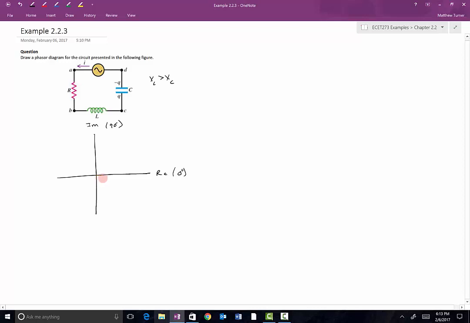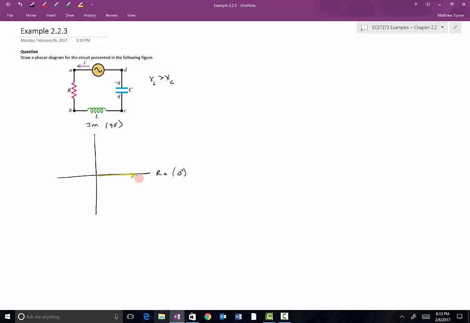Since it's the reference, I'm just going to draw it pointing in the positive real axis. Really what I'm drawing there is that the voltage has an angle of 0 associated with it. So that's that yellow arrow there.